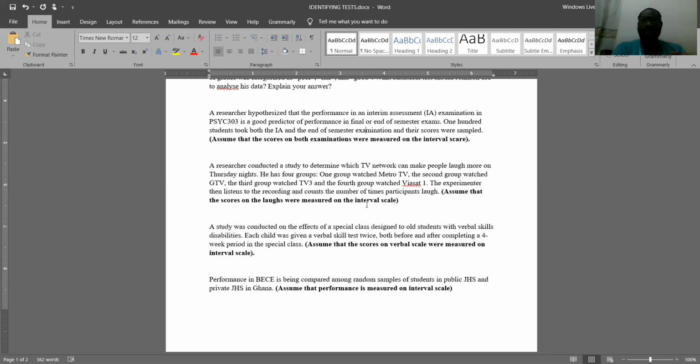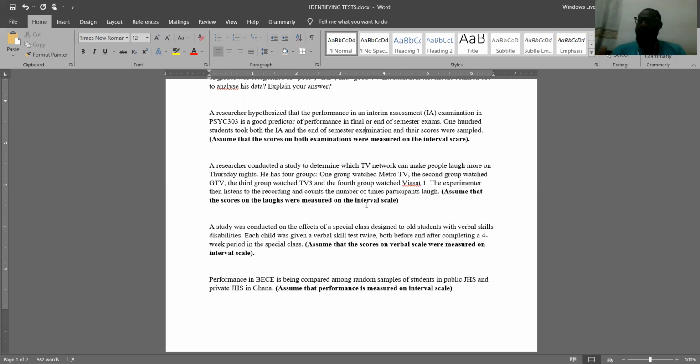That's why they indicated: a researcher hypothesized that performance in an IA exam in Site 303 is a good predictor of performance in final exams. When you say something is a good predictor, it means that if someone does well in the IA, we expect the person to also do well in the final exams. So if IA increases, we expect final exams to also increase. So this is a typical positive relationship.